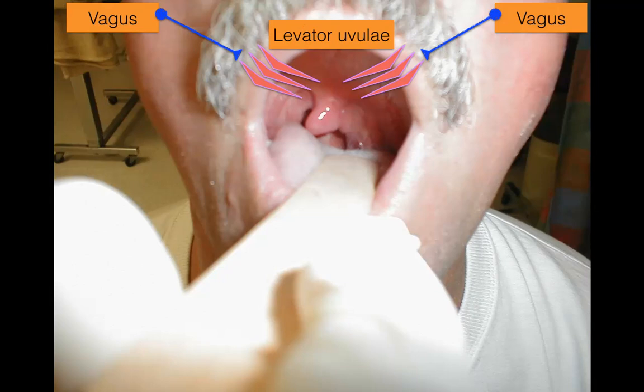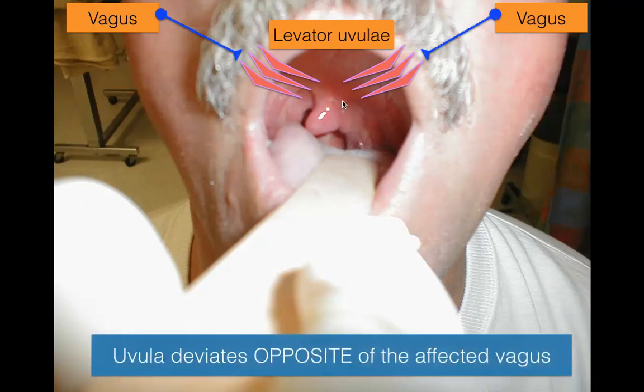Now, if this vagus nerve has been paralyzed because there's a lesion affecting that part of the brainstem, this muscle would be paralyzed, and if you ask the patient to say ah, the other muscle would predominate. Thus, there would be deviation of the uvula away from the site of the lesion or away from the affected vagus.